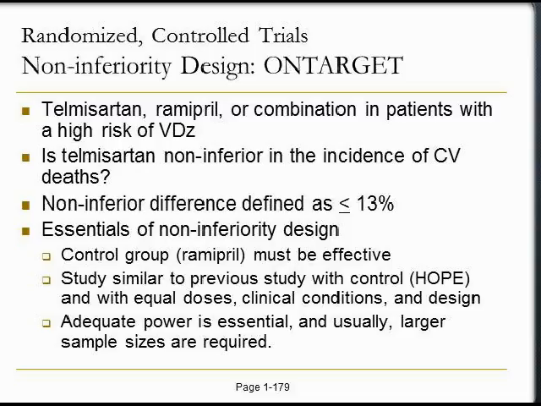But if you have some extra time, Lieber-Muellen's paper is really good in trying to describe those concepts, and it's in Pharmacotherapy in the past 3 years or so. Adequate power in these types of studies is essential, and typically larger sample sizes are required.